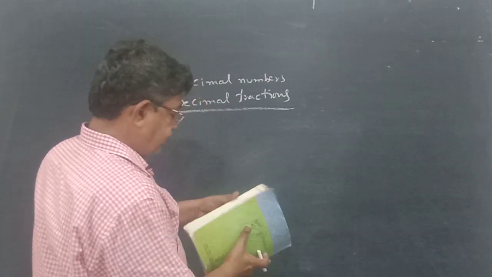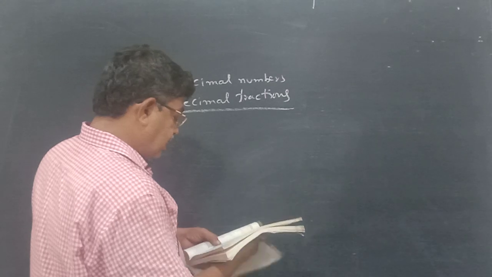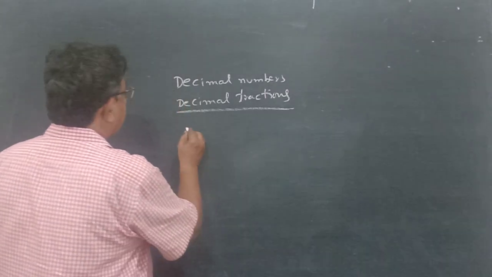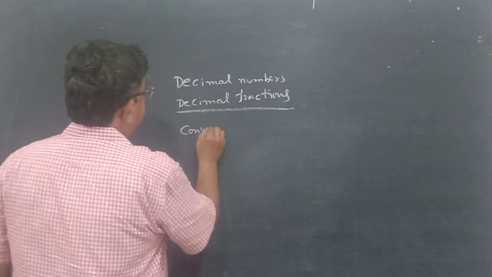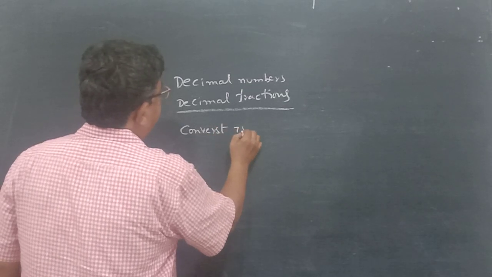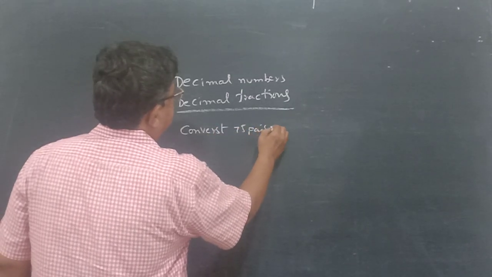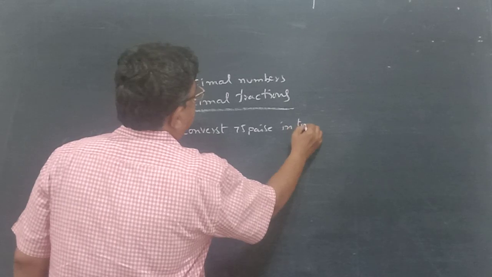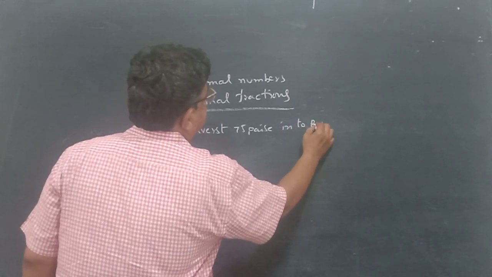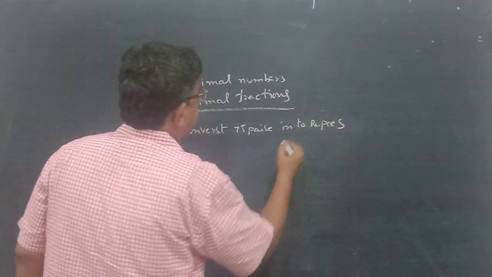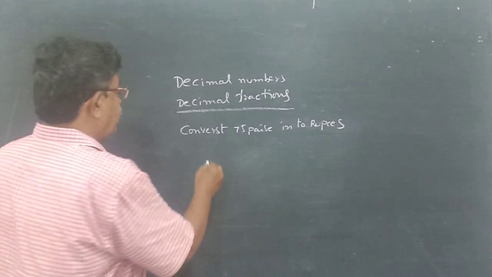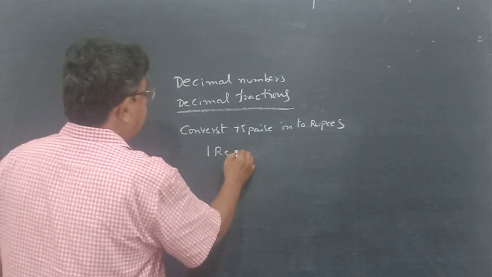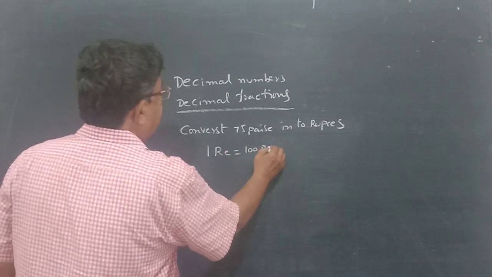Now, we are going to understand how to convert 75 paise into rupees. How to convert this into rupees? You know, 1 rupee is equal to 100 paise.